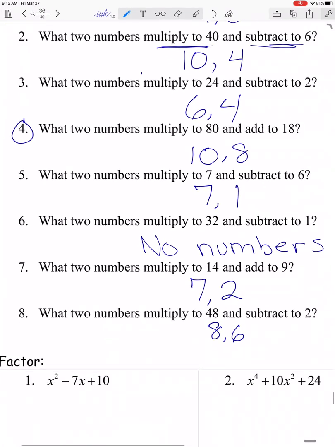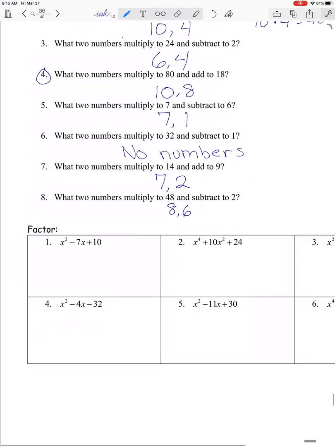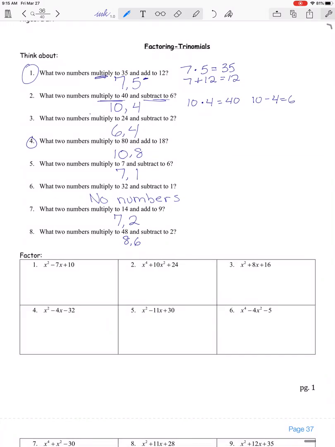Let's take a look at how we factor trinomials. First of all, let's talk about what a trinomial is. A trinomial is something that looks like ax to the second power plus bx plus c.